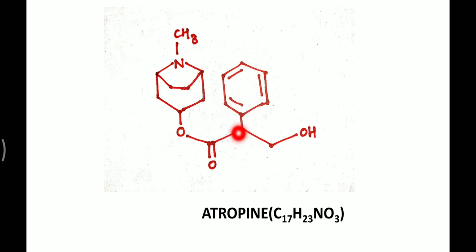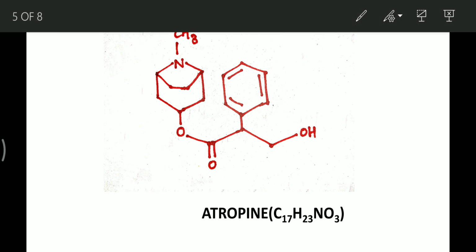And this CH is also bonded to another group, that is a CH2 group, because this carbon is bonded to 2 groups and the third and fourth bonding is not shown. So it is understood that the third and fourth bonding is with 2 different hydrogen atoms. So this group is a CH2 group, which is then attached to an OH group. So this is the stick structure of atropine. We will see how to write that.